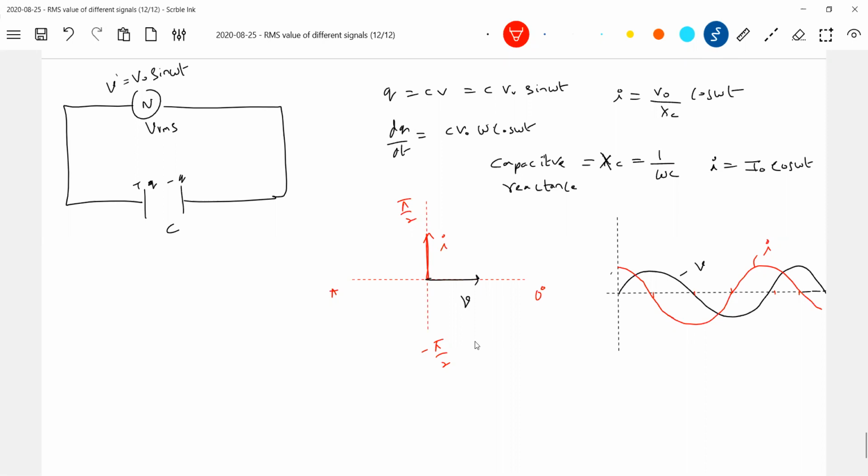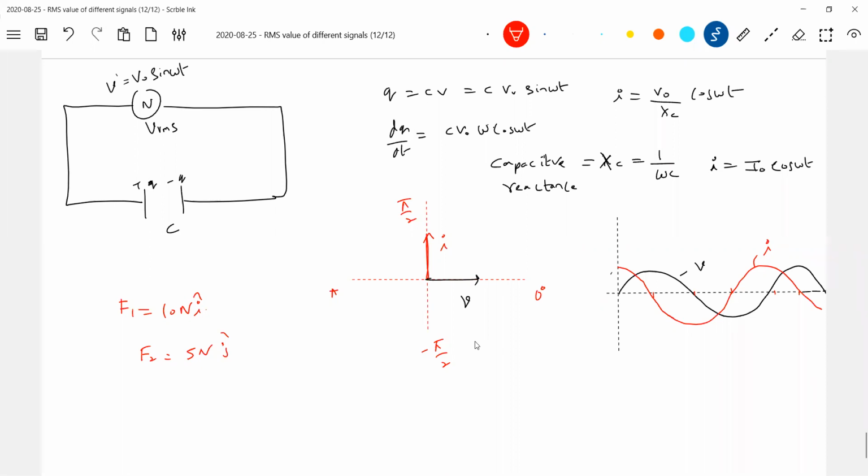Now you may say, sir, why did you bring this 0 to pi by 2? You go back to vectors, you take a force. Suppose a force F1 equal to 10 Newton, 0 phase, acting along 0 degrees. Another force, 5 Newton, acting along the y-axis.